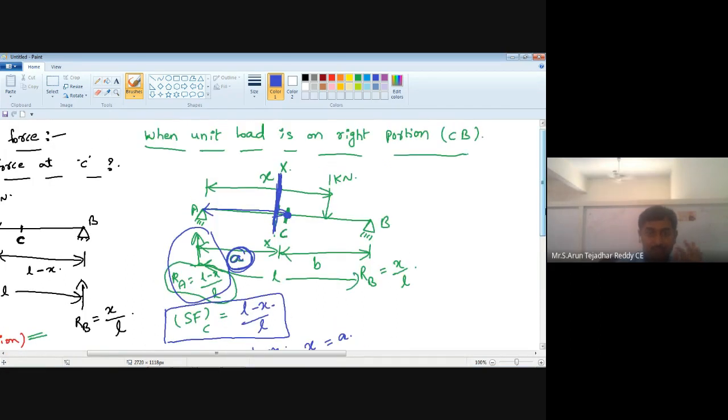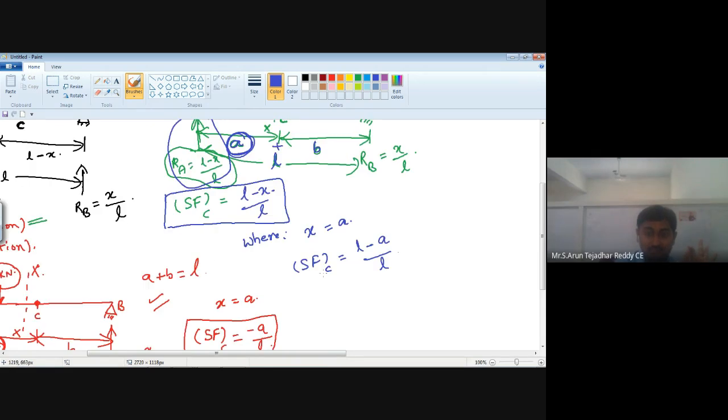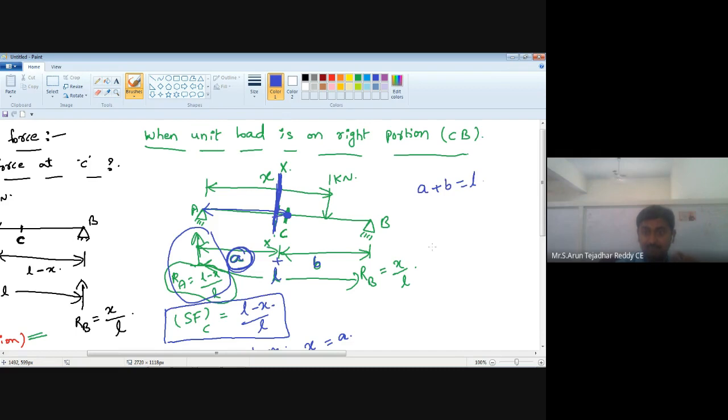Now, observe here, generally a plus b is equal to L. Here a plus b is equal to the whole span, but in this shear force at C we got L minus a.